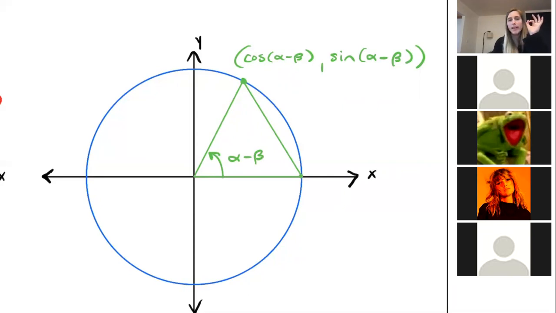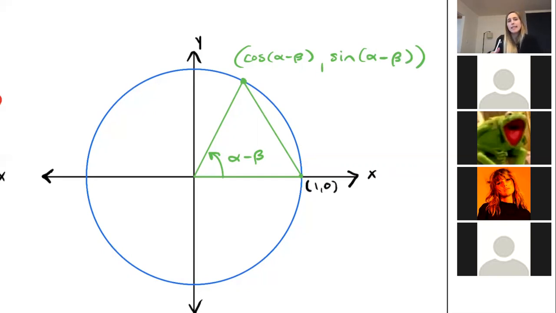So the point that lies on the unit circle is (cosine of alpha minus beta, sine of alpha minus beta), because that's the angle name. And this other point, since we are in the unit circle, is (1, 0).